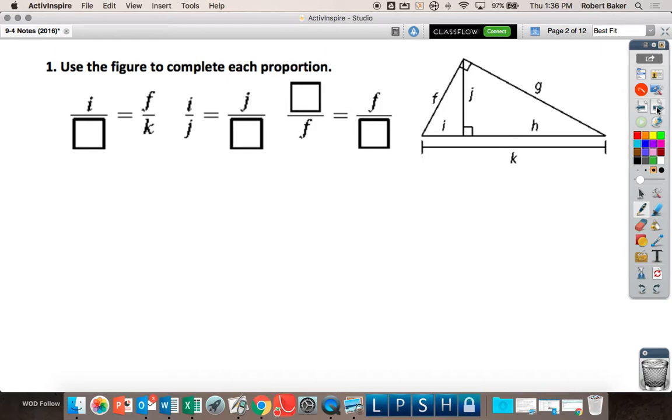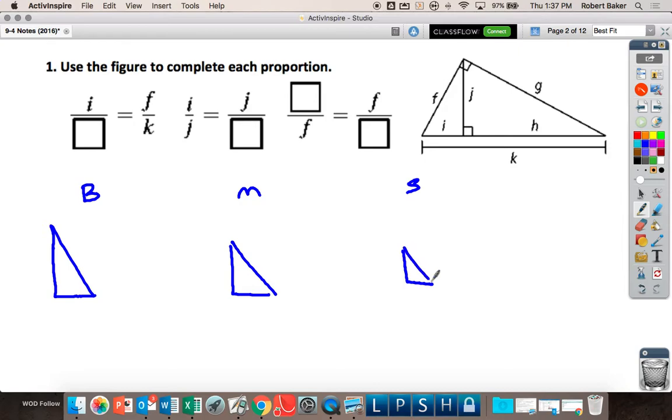So we're going to draw a big one, a medium one, and a small one. Right? When you draw them, I want it to be long leg, short leg, hypotenuse. Alright? So we have 3 different right triangles.